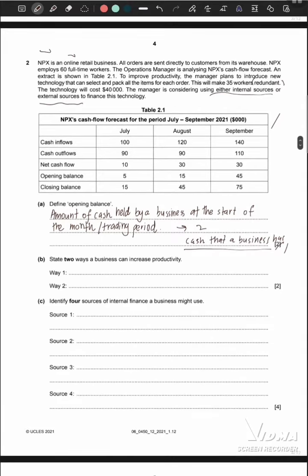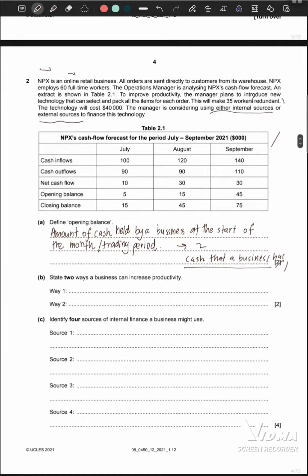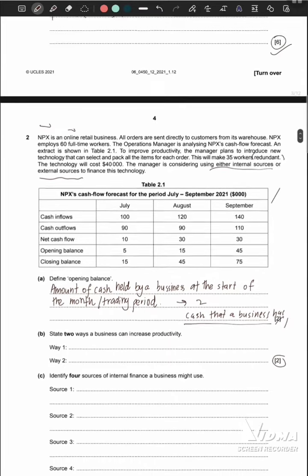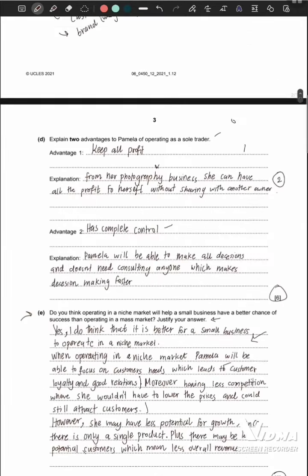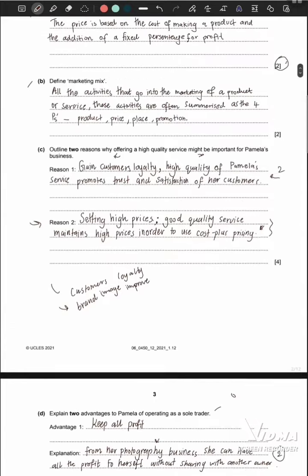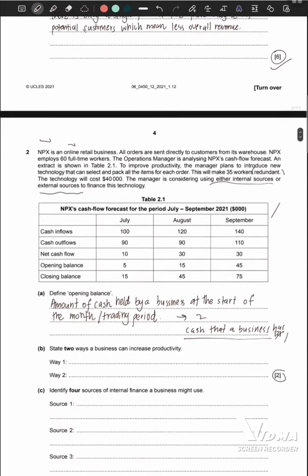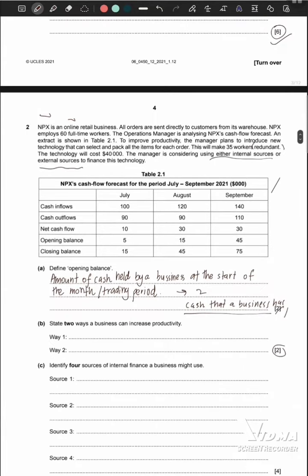Okay, for part B, state 2 ways a business can increase productivity. This one has 2 marks, which means you don't have to further explain your point. So you just have to state the ways, you don't have to explain.